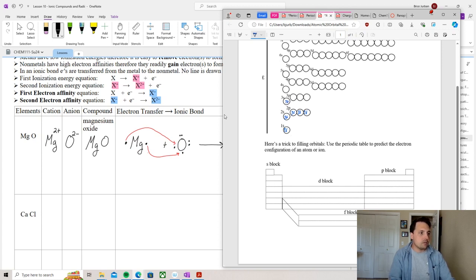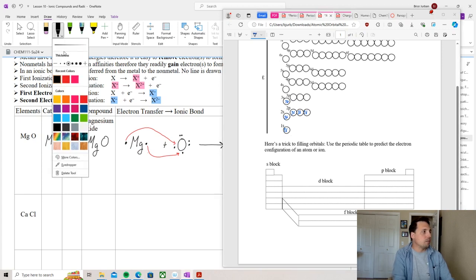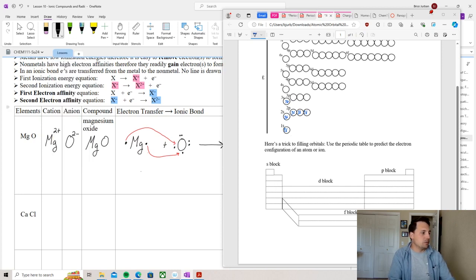And the electronic configuration would then be, using the short notation, neon 3s2.